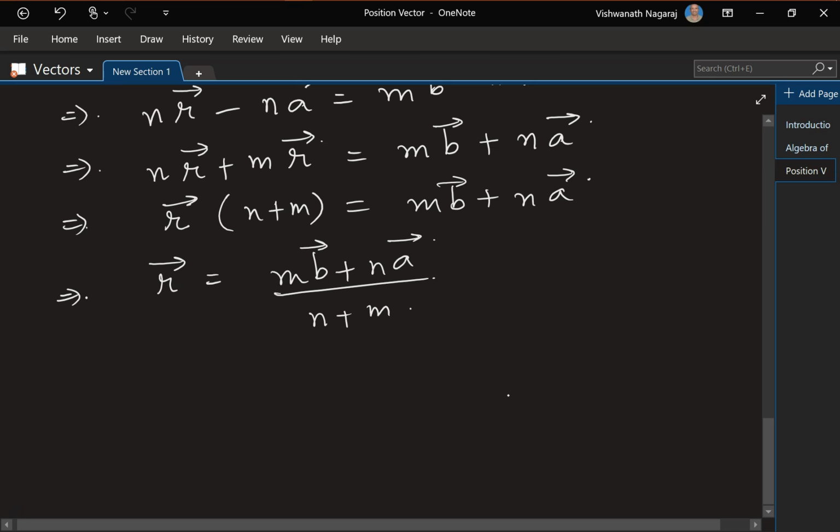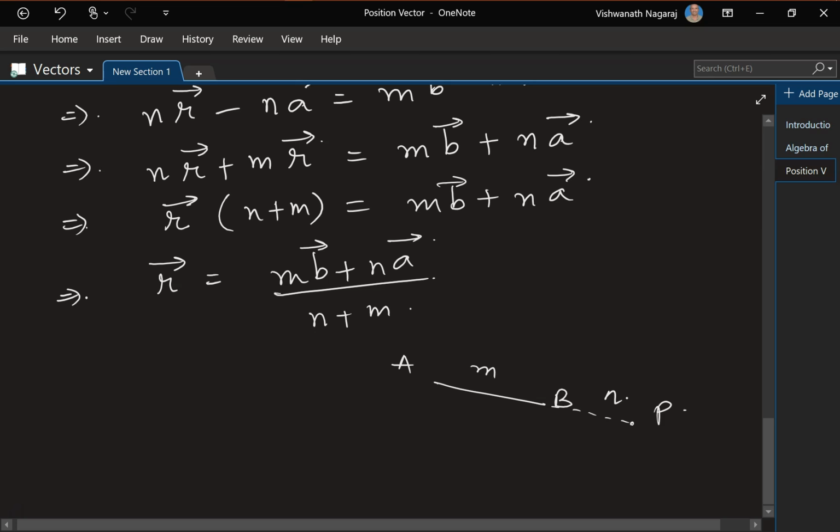Now if the point divides AB in the ratio of m is to n externally, what this means is we have AB and there is a point external to AB, outside the line segment AB. If you connect this, then P divides AB in the ratio of m is to n externally.